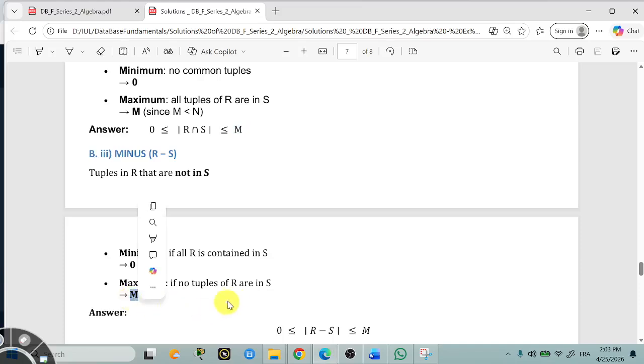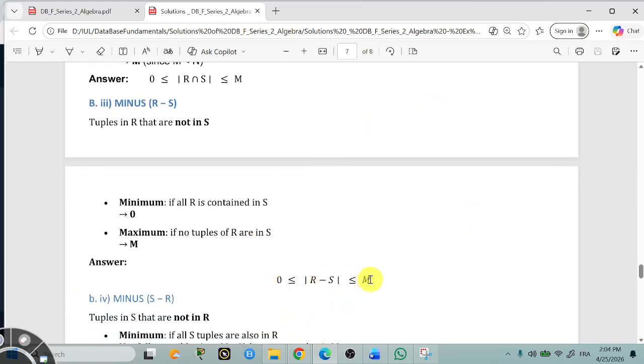As I told you, we are looking for all rows in R but not in S. If none of the rows of R are in S, then all are not in S, and the number of rows of R is M. So all rows, which is M, are not in S. So this is the maximum, M. So the answer is between 0 and M.